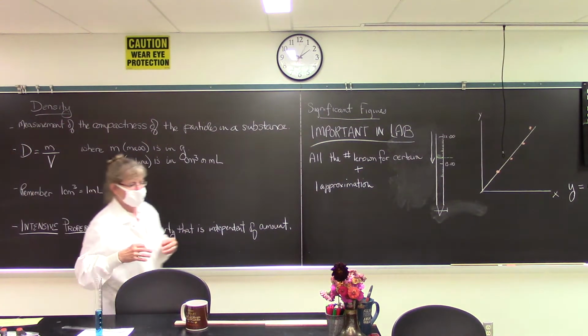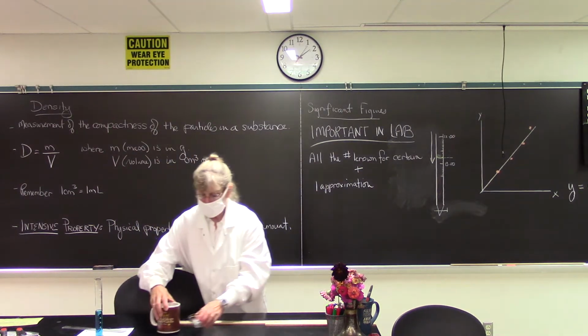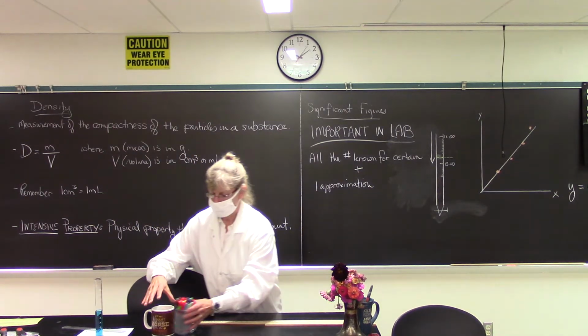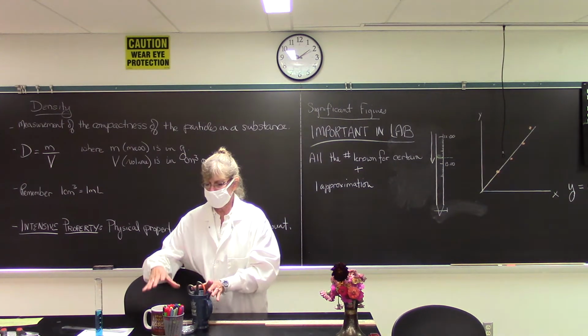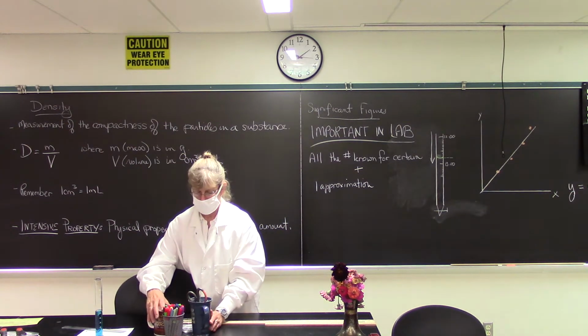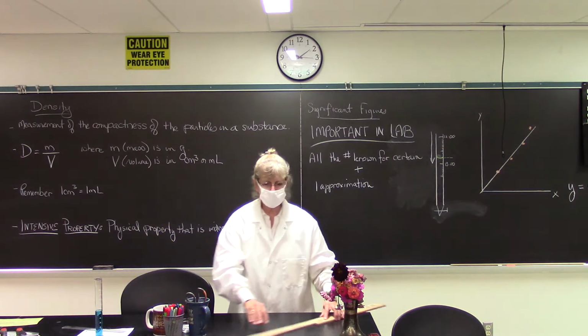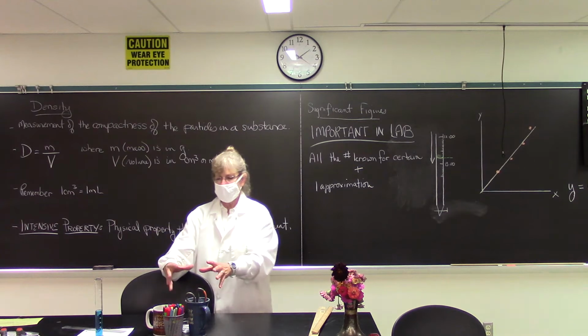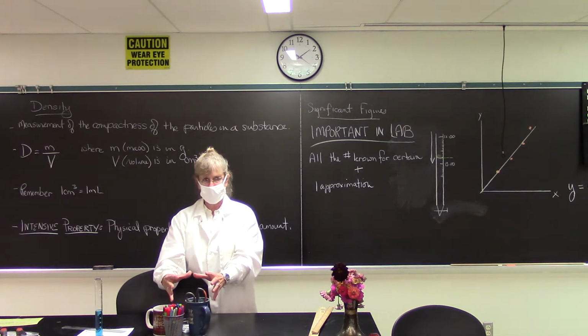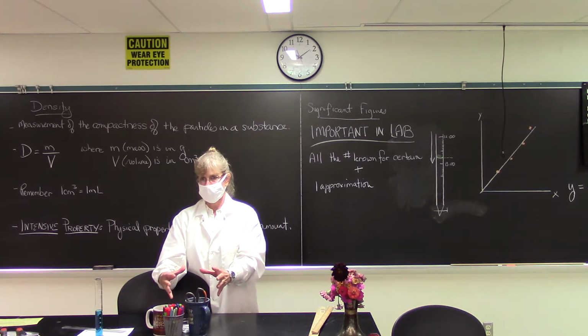So, for instance, I have some particles, okay? Here are my, can you see this? Yes. Here are my 4 particles that are in my solution. We're going to really use our imaginations here. Right now, I have a certain mass and a certain volume.